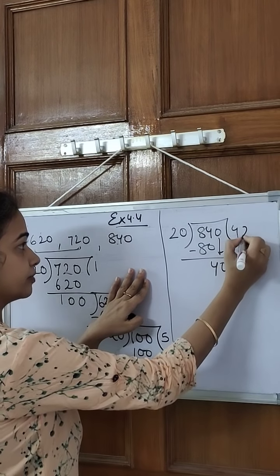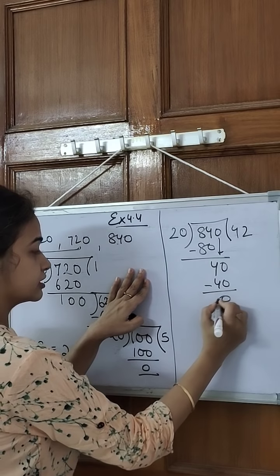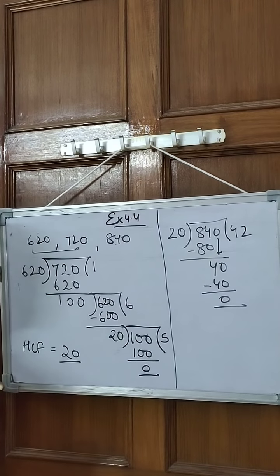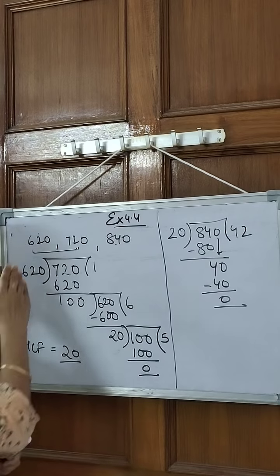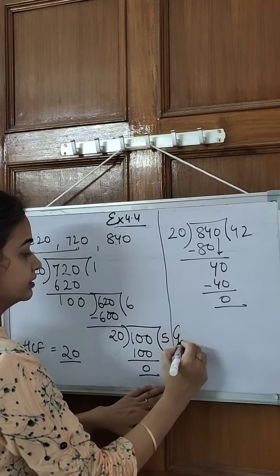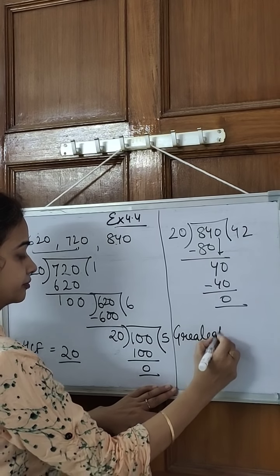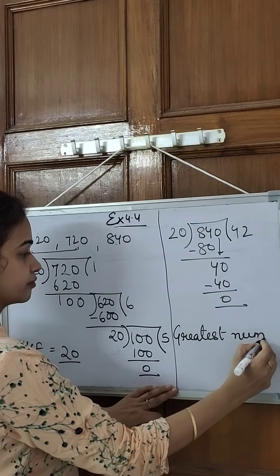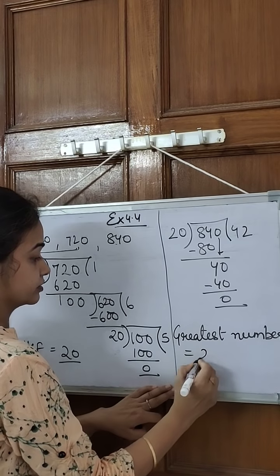This will be 40, and by 2s this number is completely divisible by 20. So this means that the HCF of the three numbers, the greatest number, is 20.